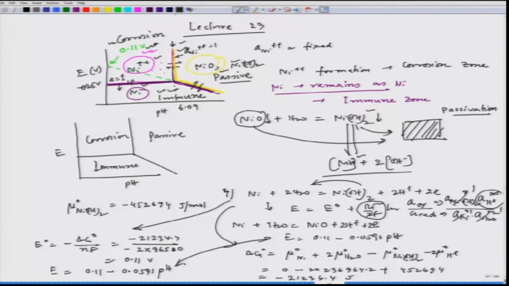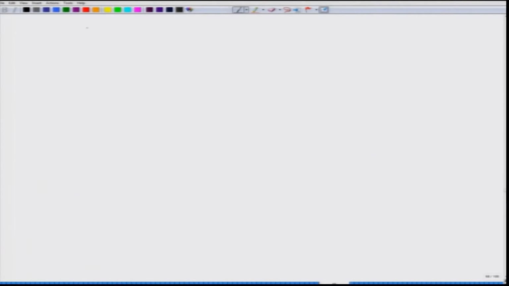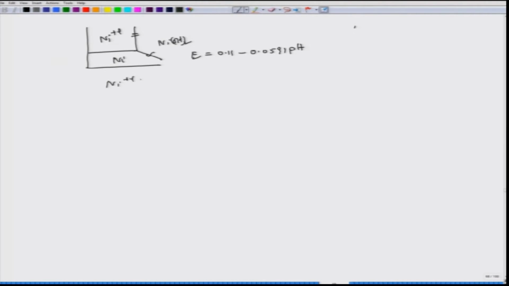And if you want to do calculation for the vertical line, so if you try to see the vertical line also, this is Ni(OH)2 and Ni, this line gives E equal to 0.11 minus 0.0591 pH, and this line would be same as for this reaction. So, if you try to see the vertical line, the new reaction would be Ni plus 2H2O equal to Ni(OH)2 plus 2H plus, it will give you the same equations.